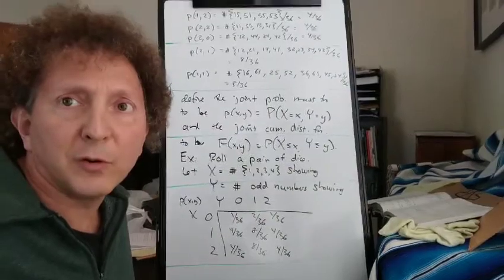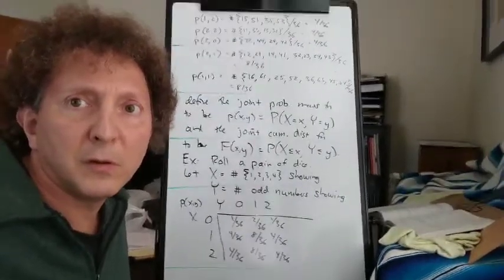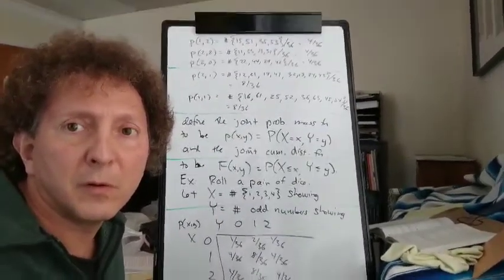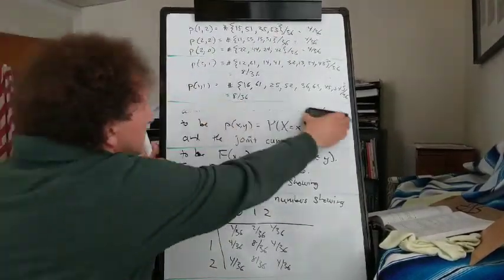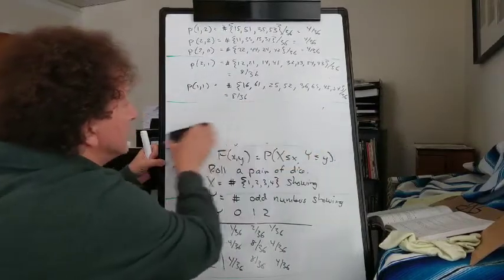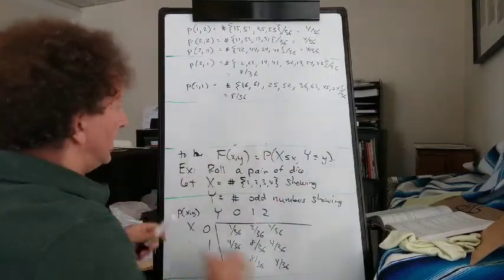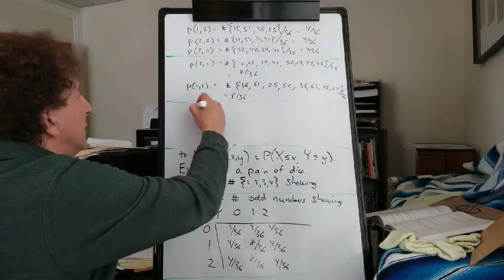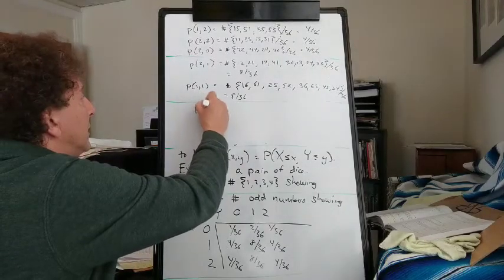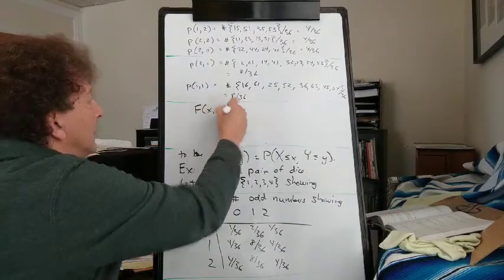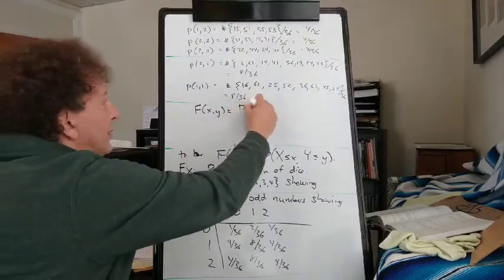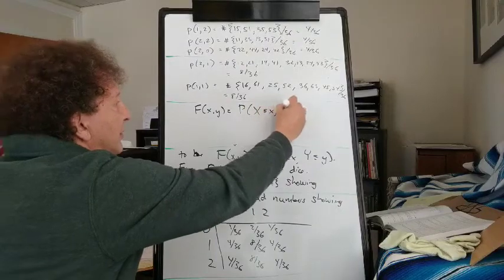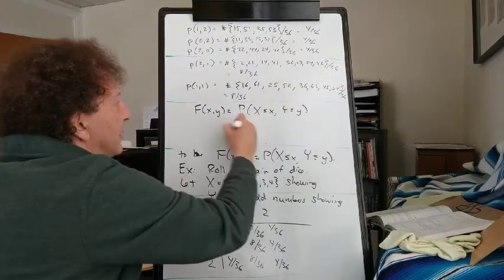Now let's compute the cumulative distribution function. So capital F of xy is the probability that x is less than or equal to this value little x, y is less than or equal to this value little y.